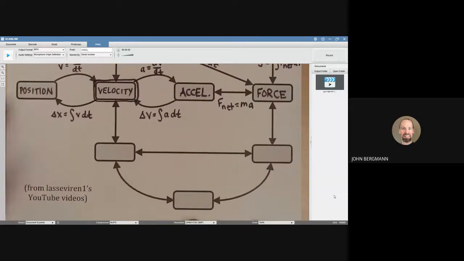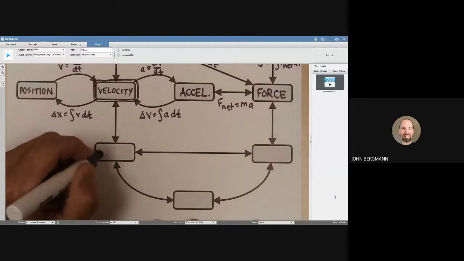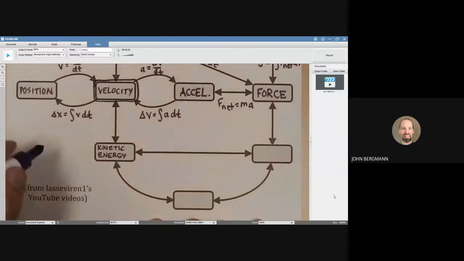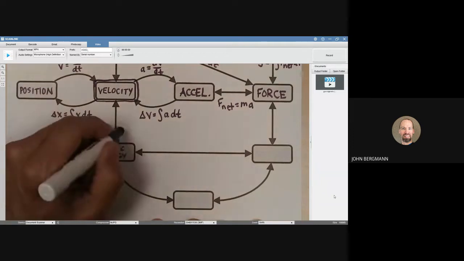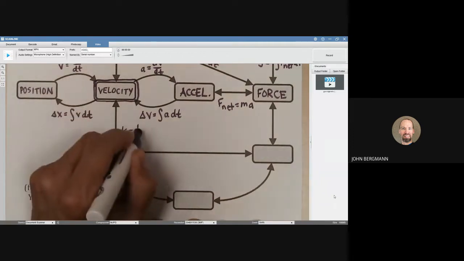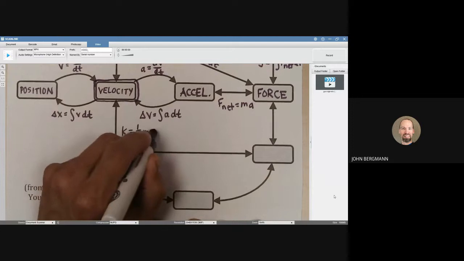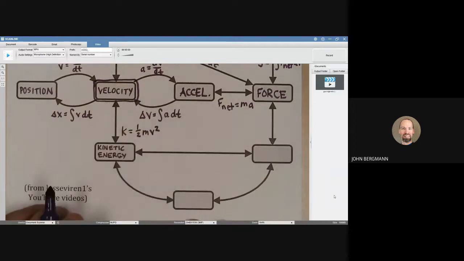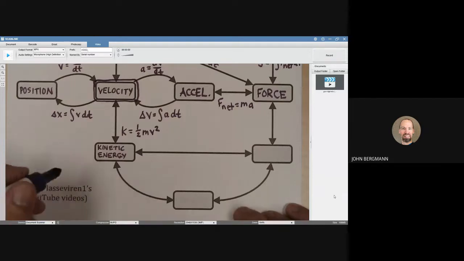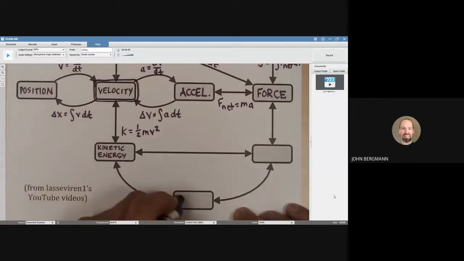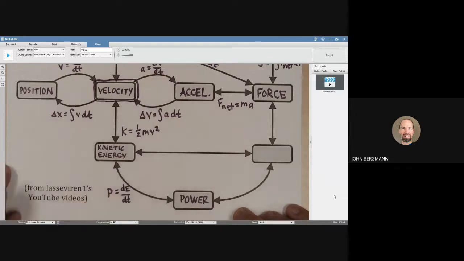What about down here? We've got 3 more islands to go. If we know velocity, we can find kinetic energy. And what's the equation for that? Well, obviously that's going to be K is equal to 1/2 mv squared. That one we know, don't we? If you take the time derivative of energy, you can get power. The change in energy per time is power.